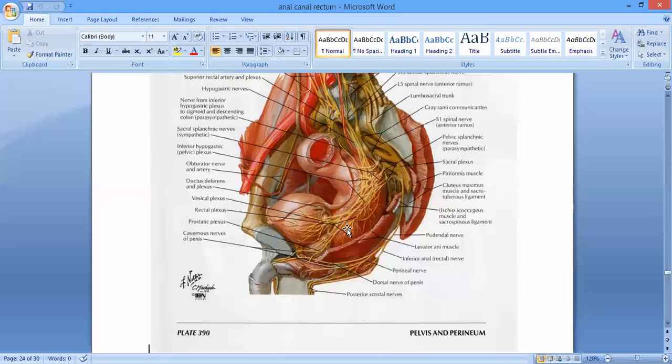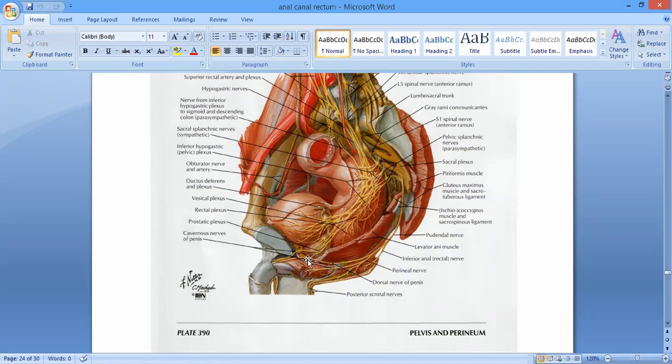Parasympathetic fibers are coming from S2, 3, 4, the pelvic splanchnic nerves, right? And as I told you before, it is receiving its autonomic nerve supply through the hypogastric plexuses. Then it is sensitive to stretch, right?